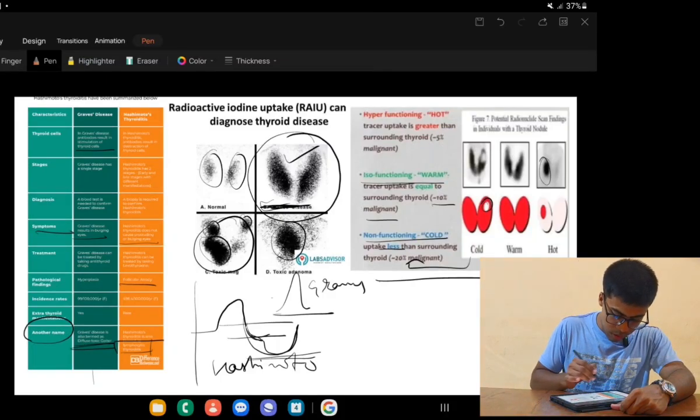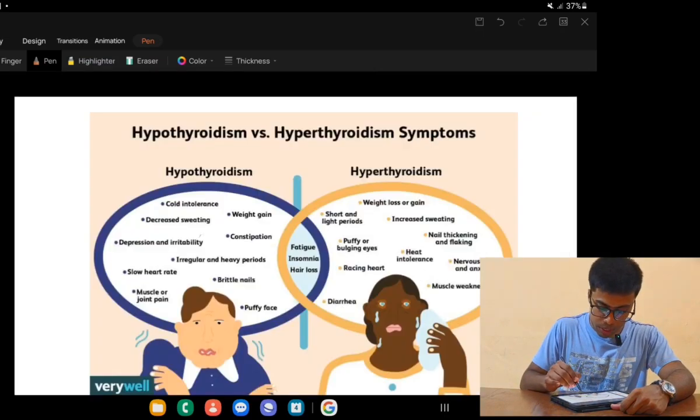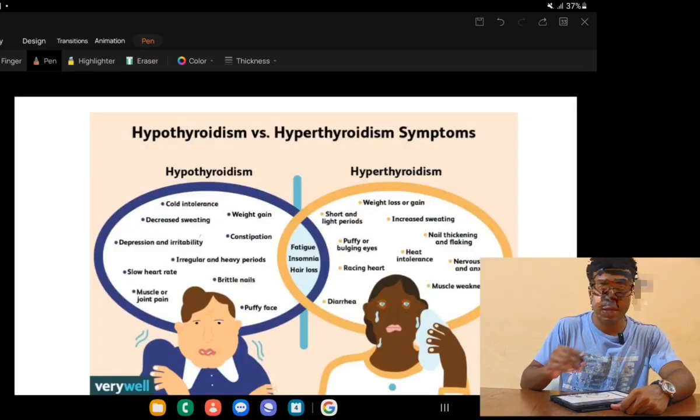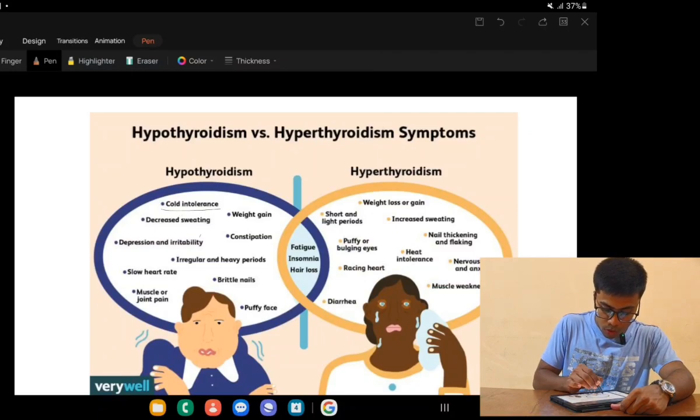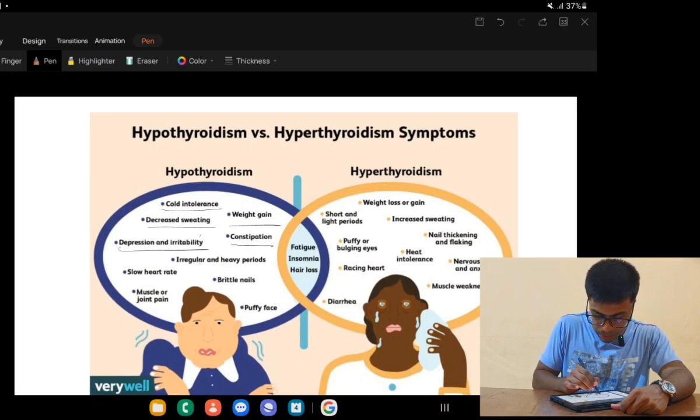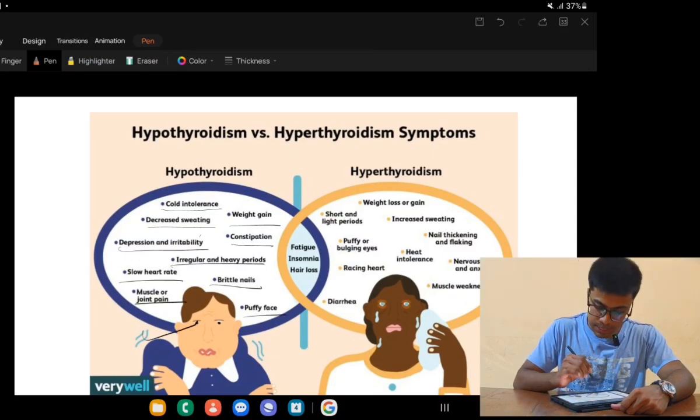So let's move on to the basic symptoms of hypo- and hyperthyroidism. Everyone must know them. Hypothyroidism: cold intolerance, decreased sweating, weight gain, constipation, depression and irritability, irregular and heavy periods, slow heart rate, brittle nails, muscular or joint pain, and puffy face, because metabolism is decreased.